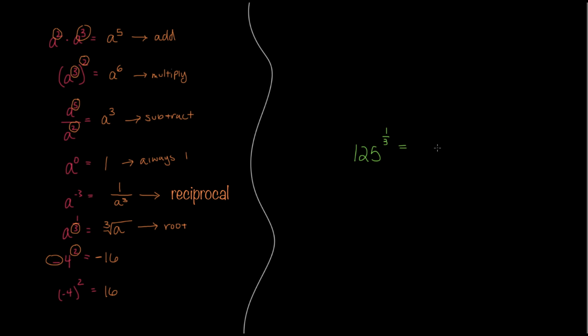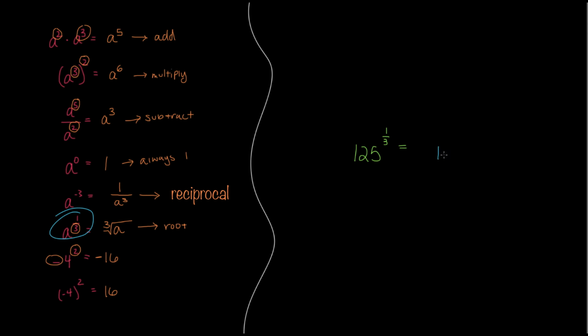Our next one says 125 to the 1/3. So this one doesn't have any variables, so we're going to get a numerical answer. So we're looking at this rule right here, where the base is raised to a fractional power. So what we do is the denominator is the root of the base.